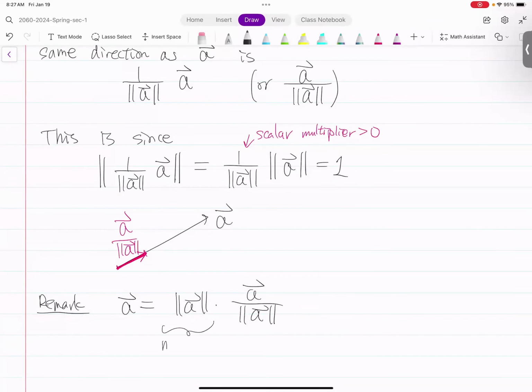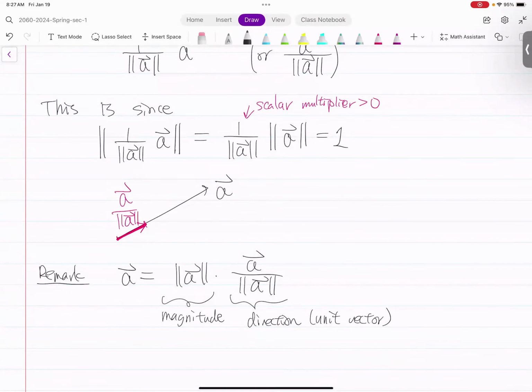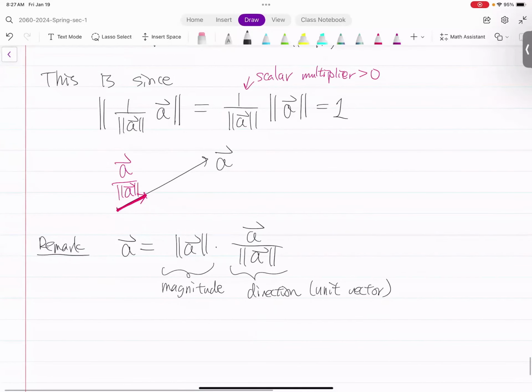Basically, this part is the magnitude, and the rest is the direction, which is a unit vector. And this multiplication, although I wrote the dot, is just indicating the scalar multiplication in front of the vector.